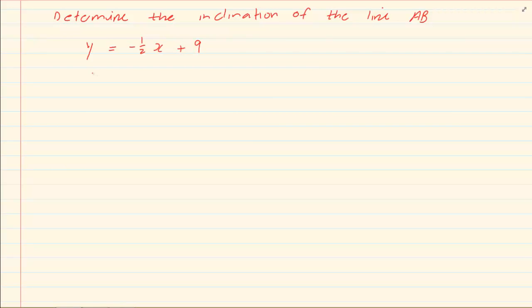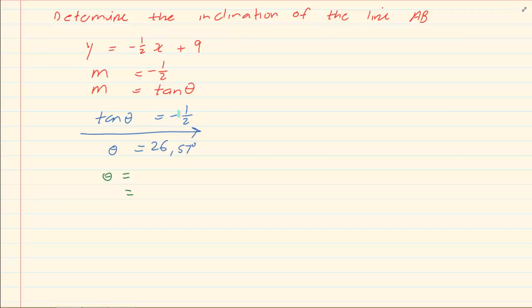Now inclination is the same as gradient. So we know m is equal to tan theta. If m is equal to minus a half, then we got tan theta is equal to minus a half. If I want theta, I'm going to press shift tan 0.5, which will give us theta is equal to 26,57.